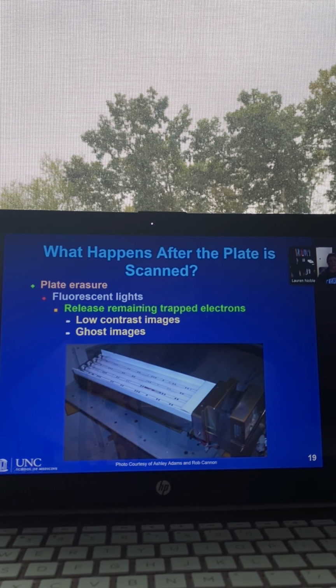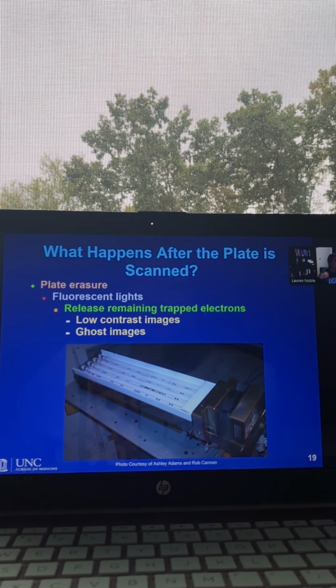There are fluorescent lights in the reader. These are the fluorescent lights that are in our reader, taken out of our unit. These fluorescent lights will release the remaining trapped electrons. Because if we don't, then if we make another exposure, we could end up with a low contrast image because of that remaining data, or even ghost images.